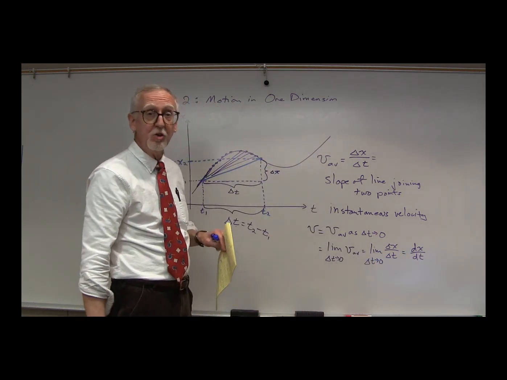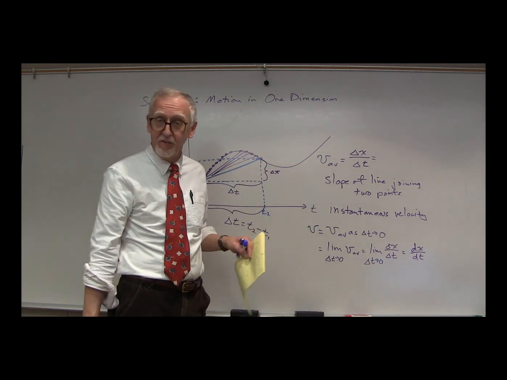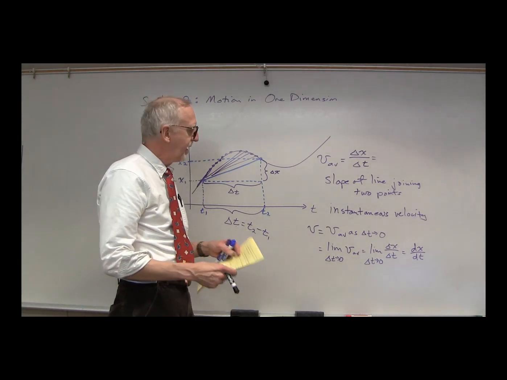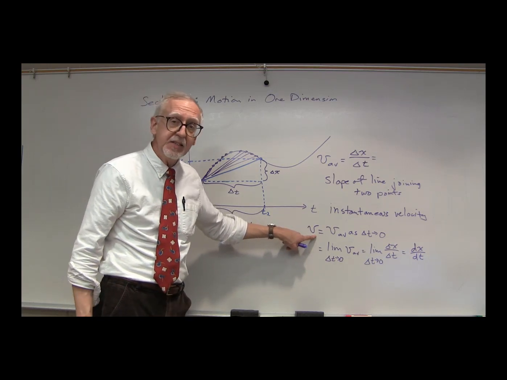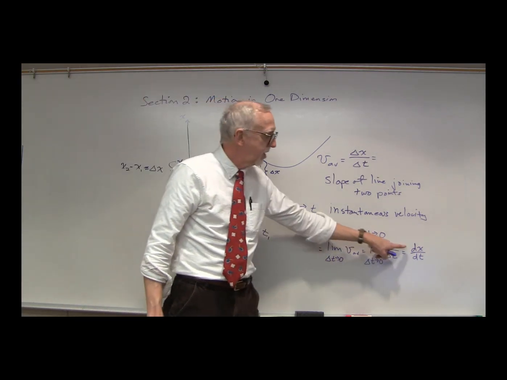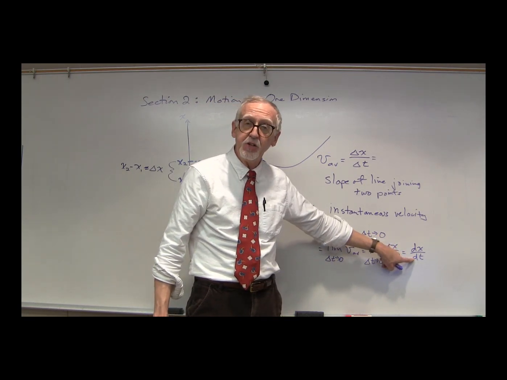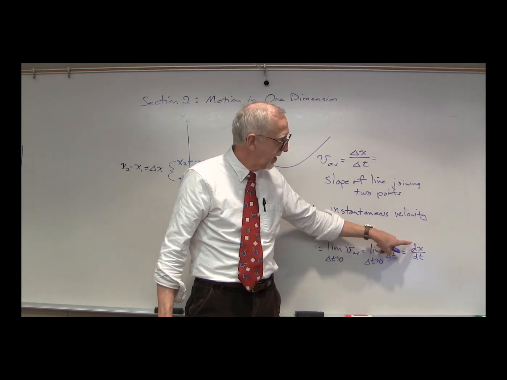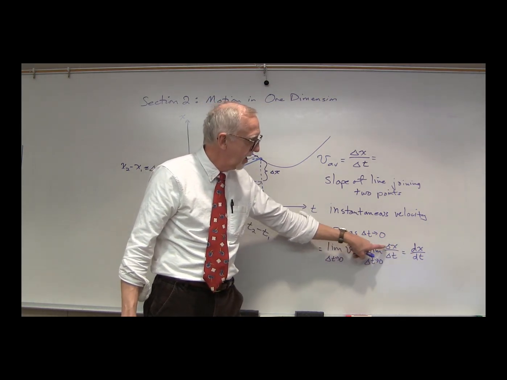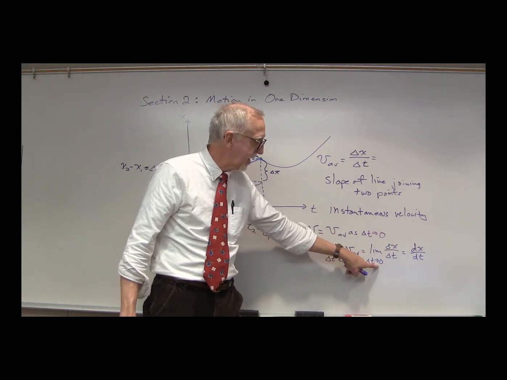And hopefully you recognize that as a derivative, the first time derivative of position. So what we have is that the instantaneous velocity of the object as it moves is the first derivative of the position, dx over dt, which then comes from this limit of the average velocity as the time interval goes to 0.